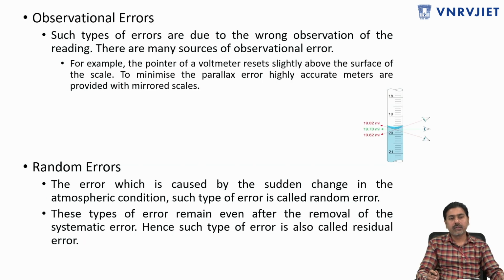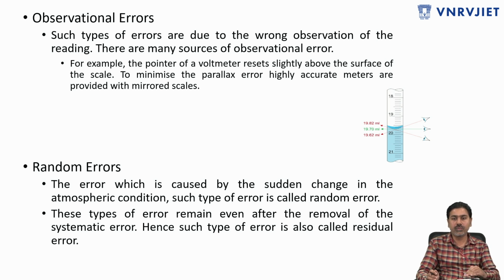And the observational errors we get when we take the readings. We take the readings at different angles by just looking at the measurement. Suppose we want to measure the water level, and the scale is provided on the tank or the tube. When we look at different angles, we can observe the scale marking at different values.